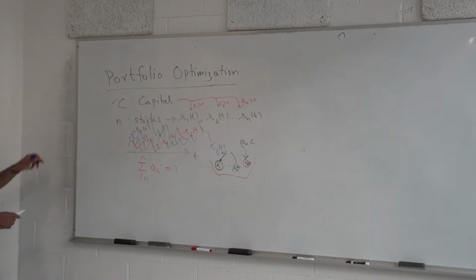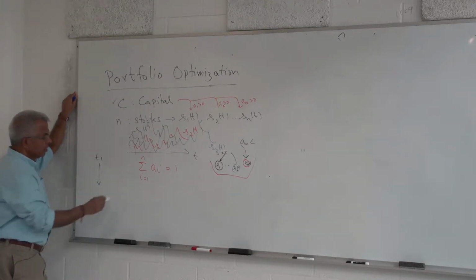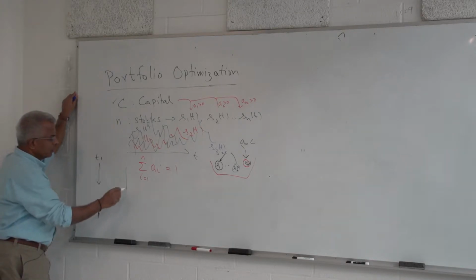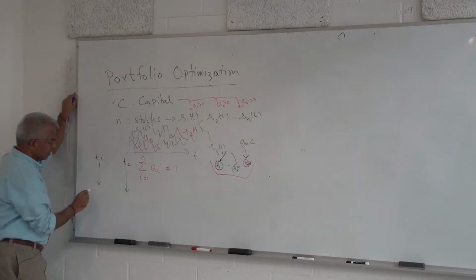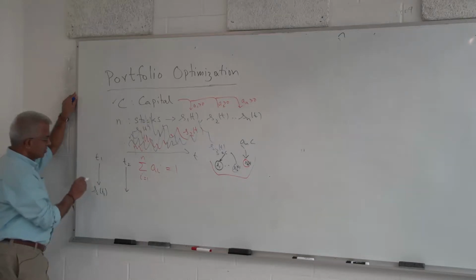So let's say we decide to buy at some time T1, and we can look at what happens at time T2. Let's look at any one stock. The price here, Si(T1), is the value of the actual stock. And since this is the ith stock, we have decided to invest so much money into it.